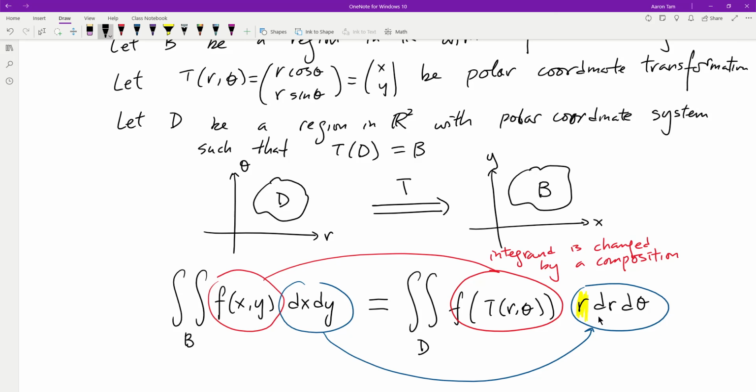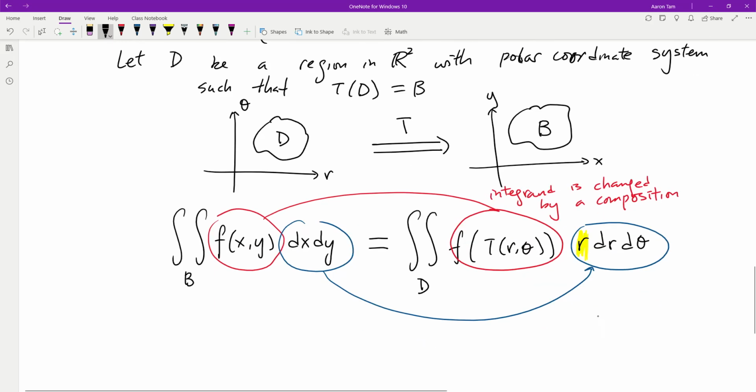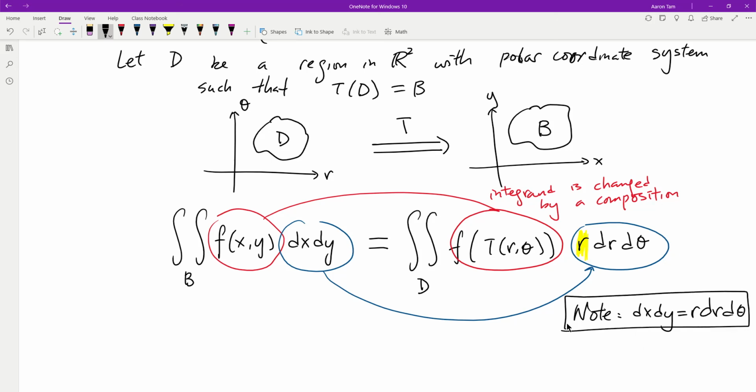So right now, you just have to trust me on this. So note, dx dy is actually equal to r dr d theta. During class, I can probably explain better why that is the case, so you're going to wait until then.